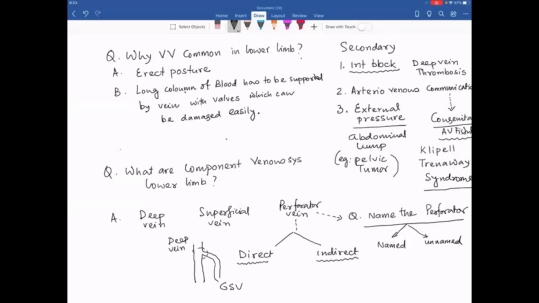SFJ. Very good. So the best examples are the SFJ or the SPJ. The rest are examples of a superficial vein, a deep vein, and a perforator, or an indirect perforator. What is the normal direction of blood flow? Like this.